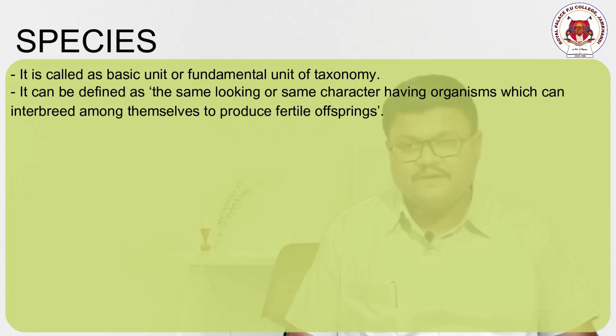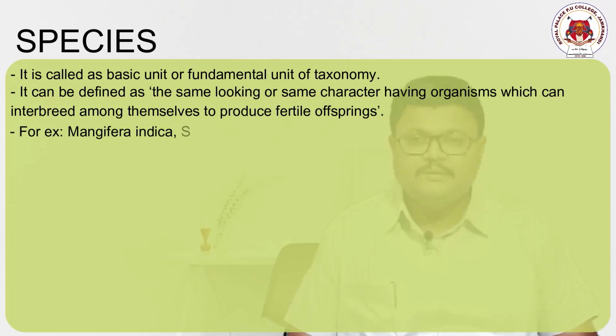According to NCERT, I will take 3 examples. Example 1: Mangifera indica for mango. Some teachers pronounce this differently; I pronounce it as Mangifera. You go ahead with your own pronunciation.